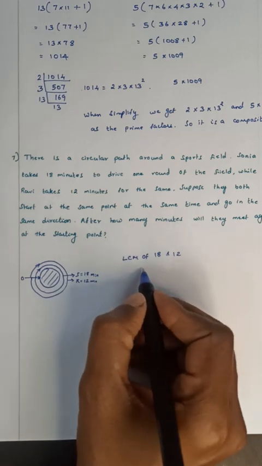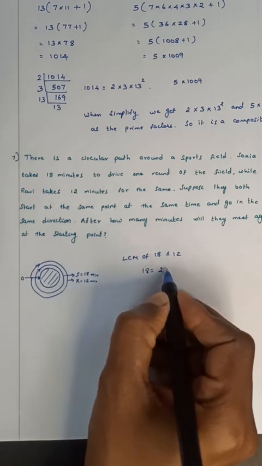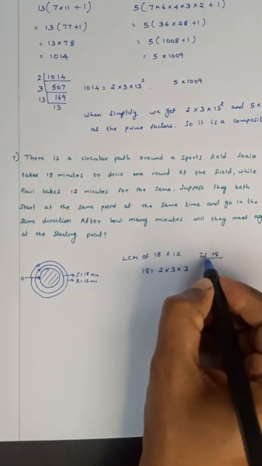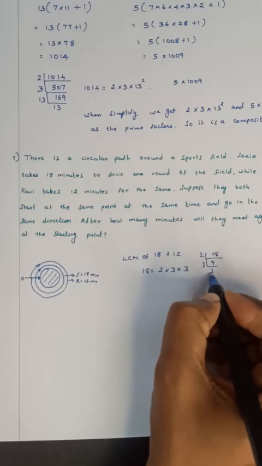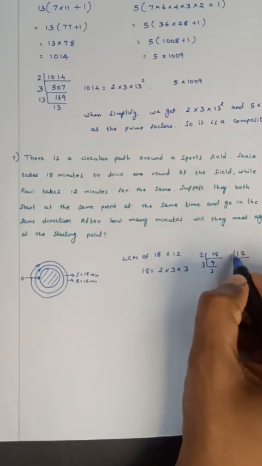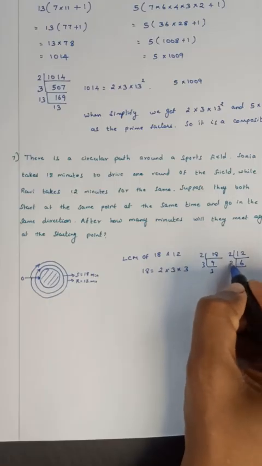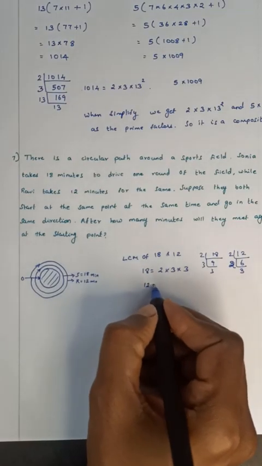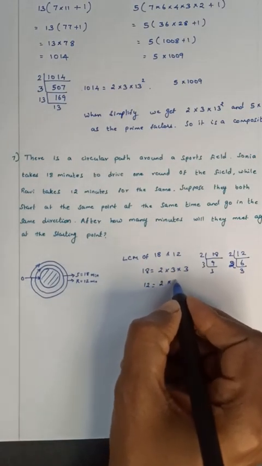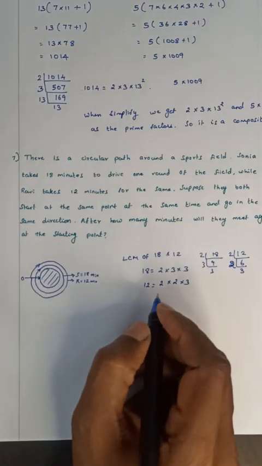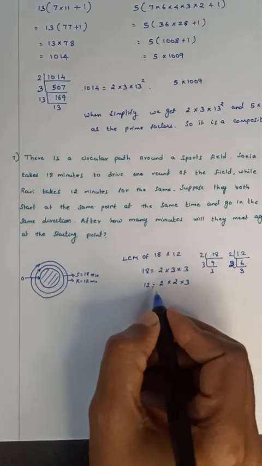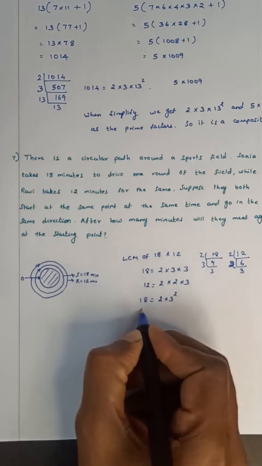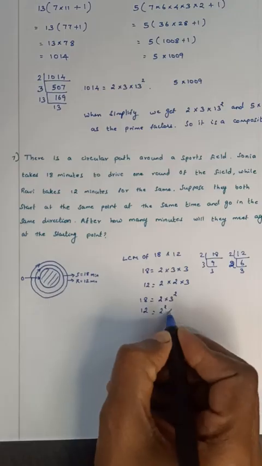18 can be represented as 2 into 3 into 3, and 12 will be represented as 2 into 2 into 3. So 18 is 2 into 3 power 2, and 12 is 2 power 2 into 3.